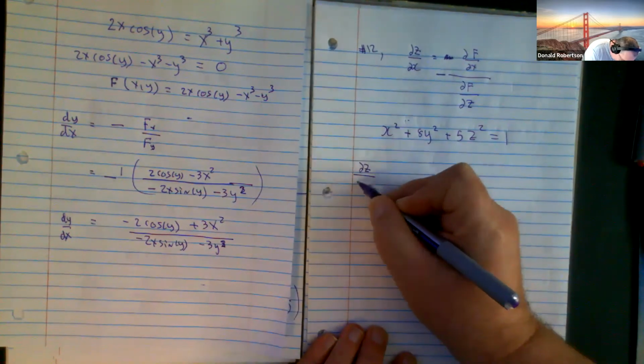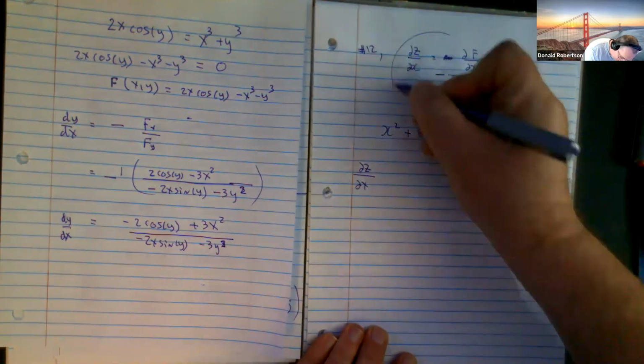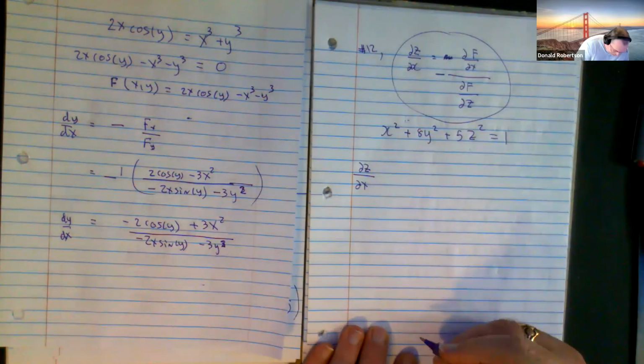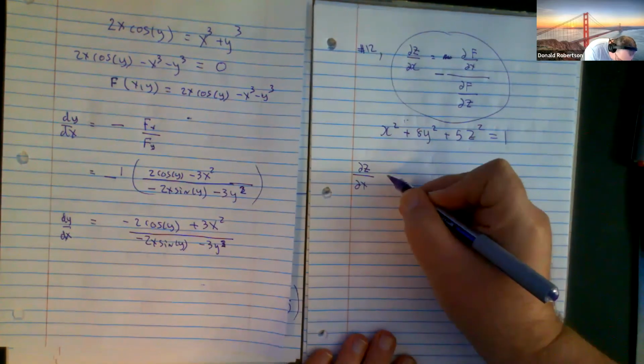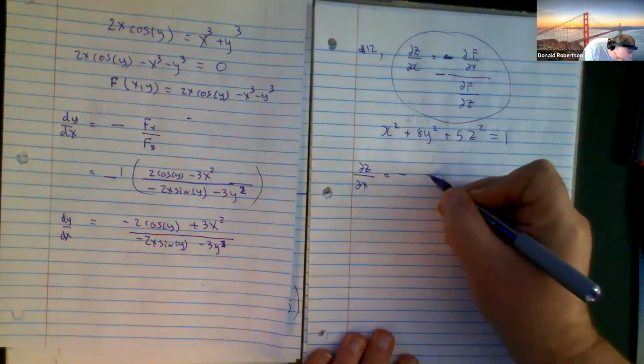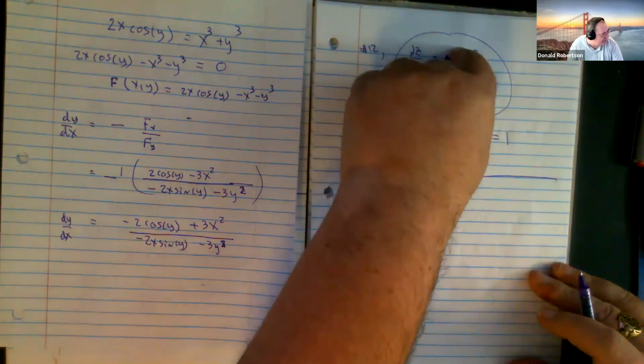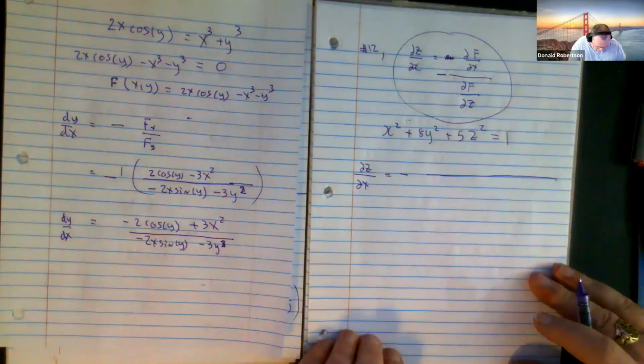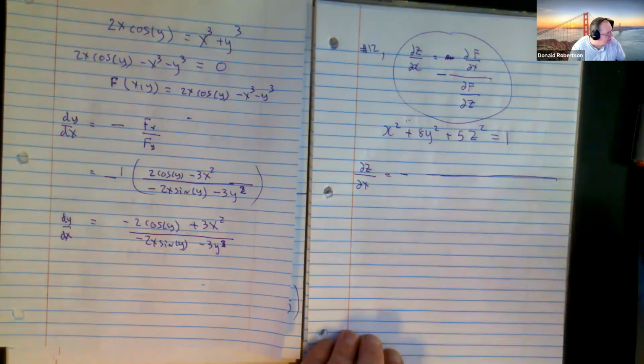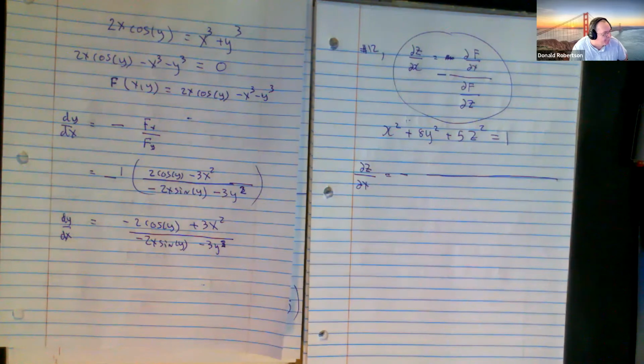So the partial derivative with respect to x, you don't need to memorize that, that's given to you every time, is going to be negative the derivative of f with respect to x. So what are you going to do here? Who do you think f is?